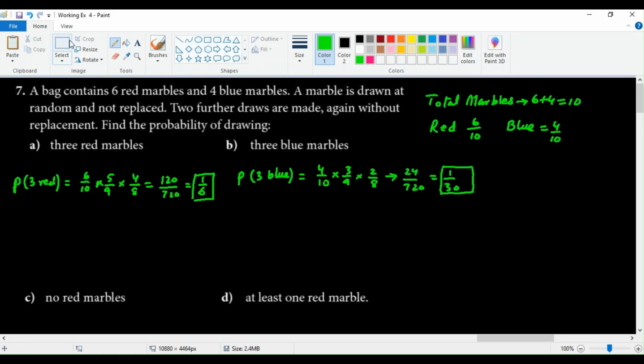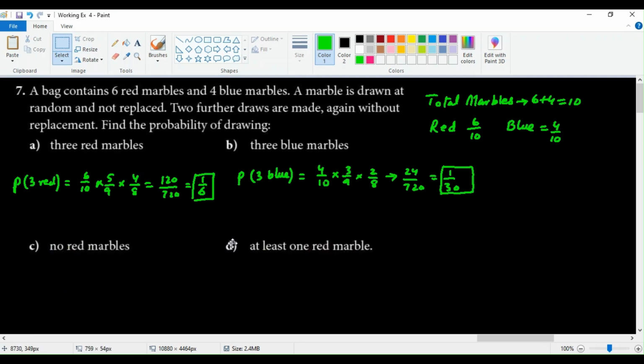When it comes to no red marbles, it's going to be the same as all blue. That means it's going to be 1 over 30, because blue is also 1 over 30.